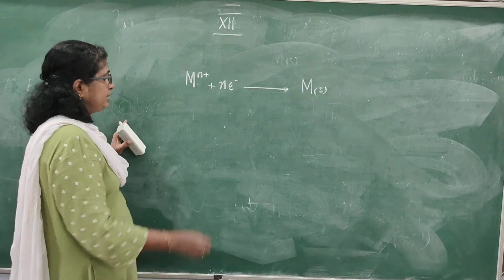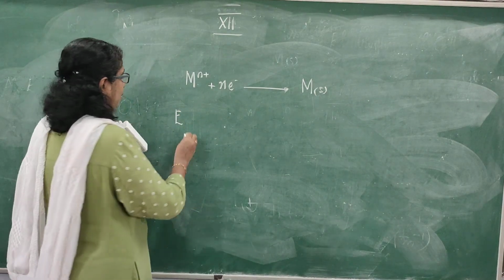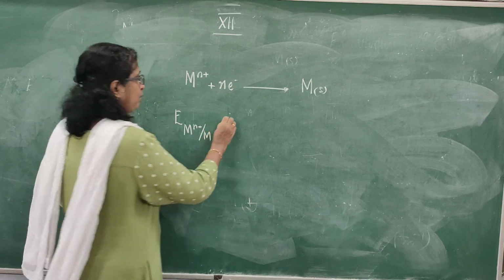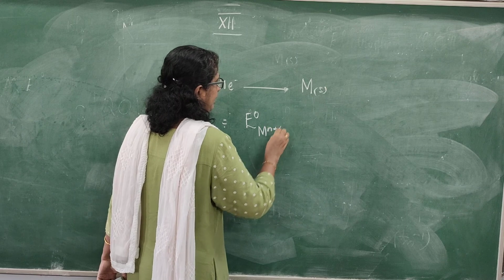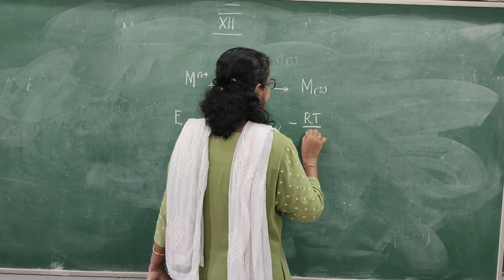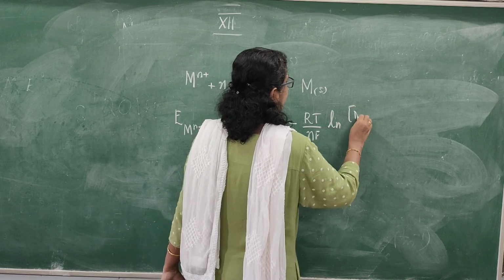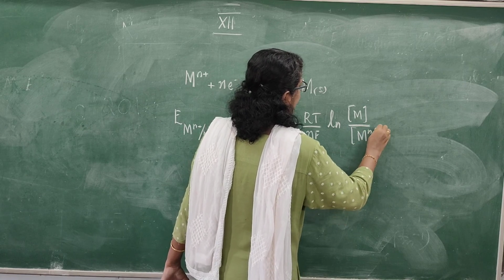Now for this equation, the electrode potential E of Mn+/M is equal to E naught, that is the standard electrode potential of Mn+/M, minus RT by nF ln of the molar concentration of M by the molar concentration of Mn+.